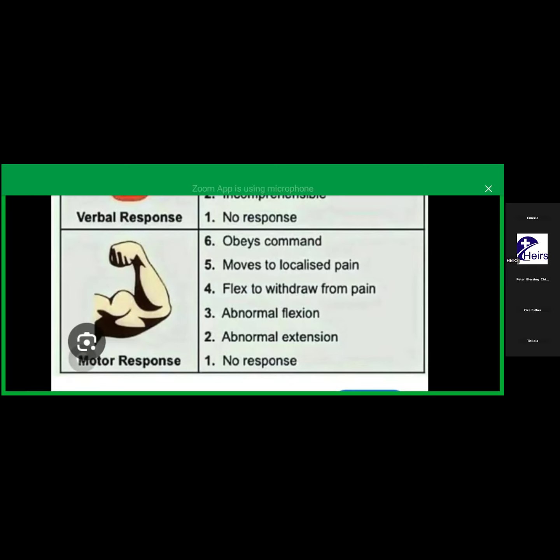We have 5 for best motor response. So total, what do we have? 3 plus 4 plus 5. So 3 plus 4 is 7. 7 plus 5 is 12. So what is Mr. Paul's GCS? Simple. 12 over 15. So that's how we calculate GCS.